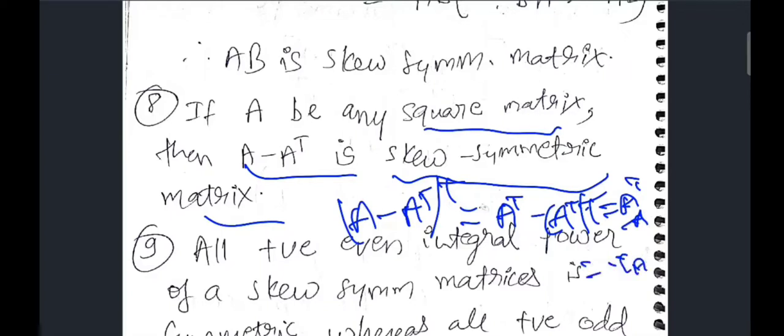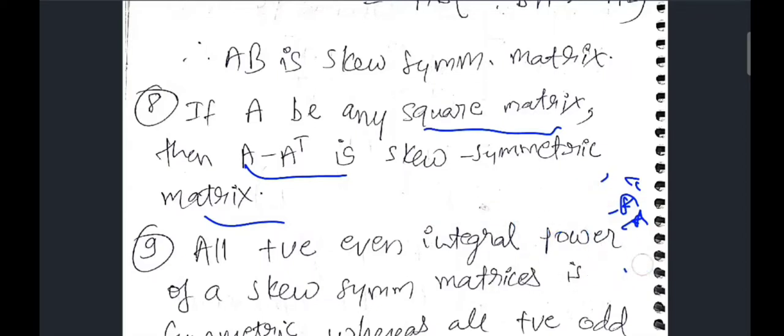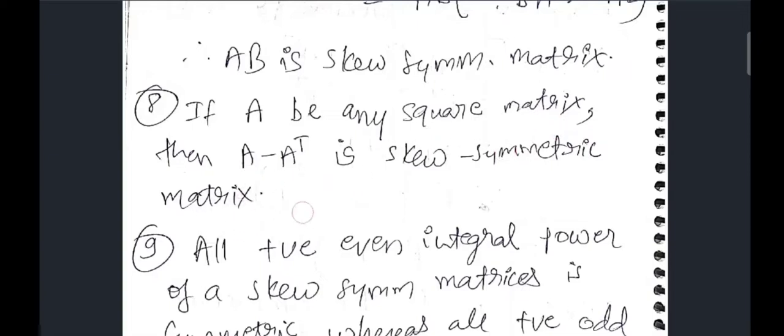So clearly you have got the form of the equation, transpose equal to minus itself, and so you can prove property number 8 also very easily.